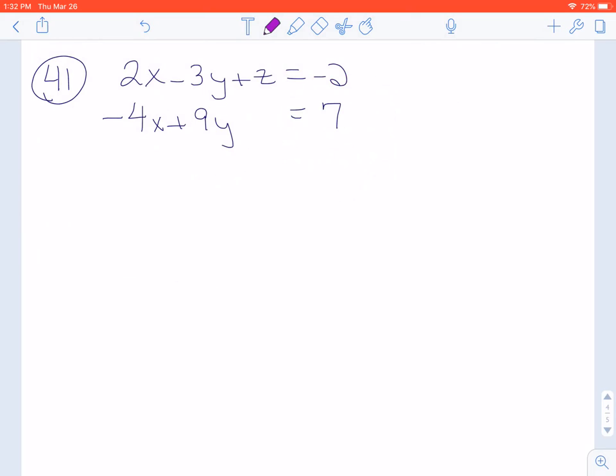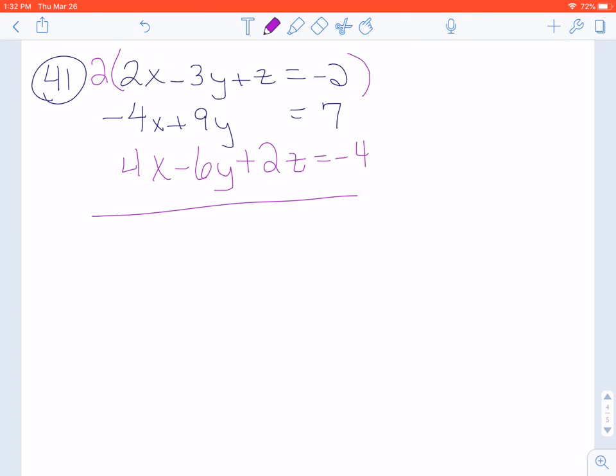I would say let's try and get rid of these x's. So if we try and eliminate the x from the second equation, we could multiply the first one by 2. So now we have 4x minus 6y plus 2z equals negative 4. And x's are usually the easiest thing to eliminate, keeping the first equation the same but rewriting the second equation.